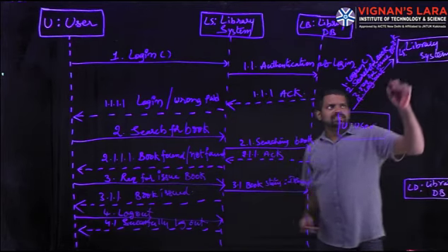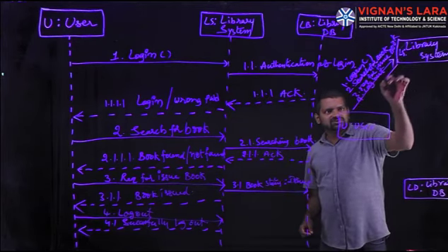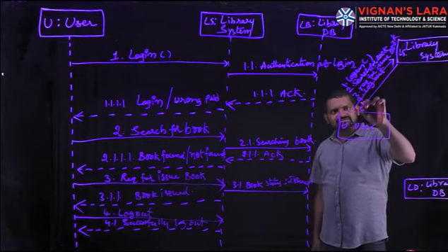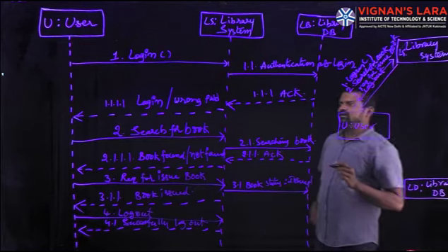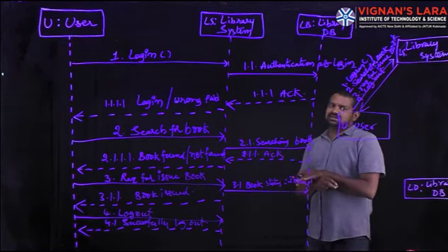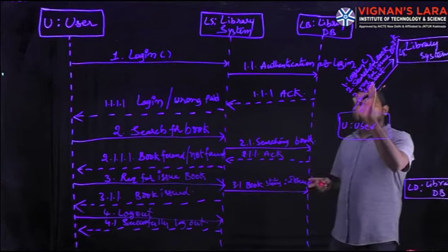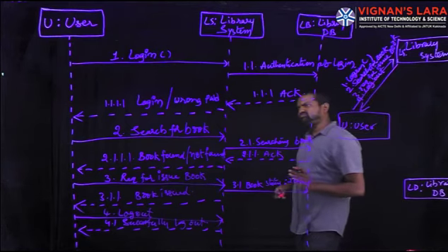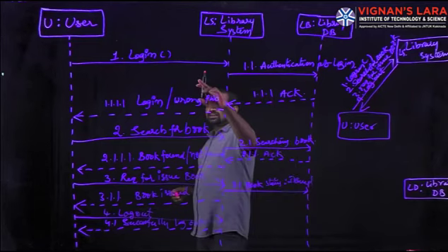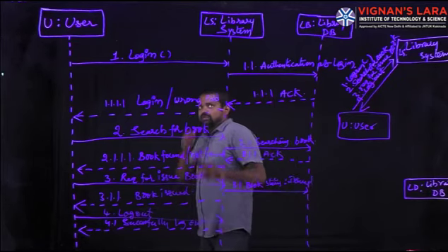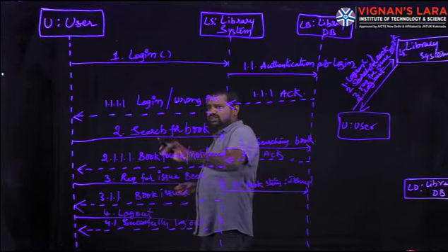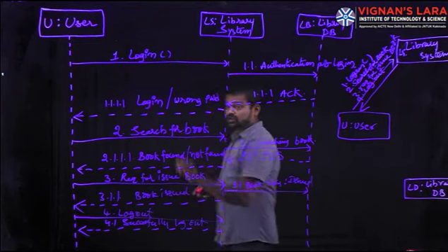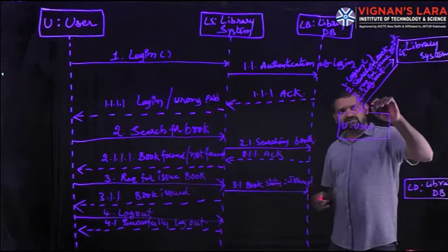Now, from library system to user, how many acknowledgements are there? Those are written below. From library system to user, 1.1.1 login or wrong password.